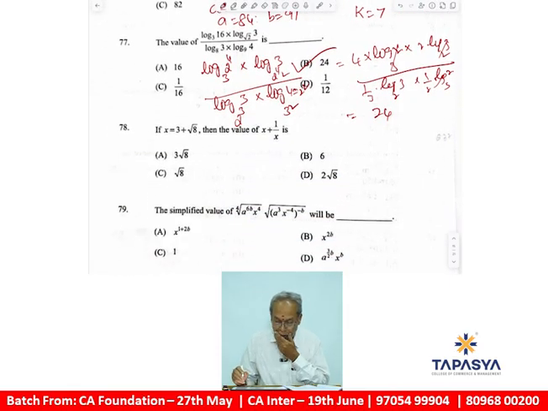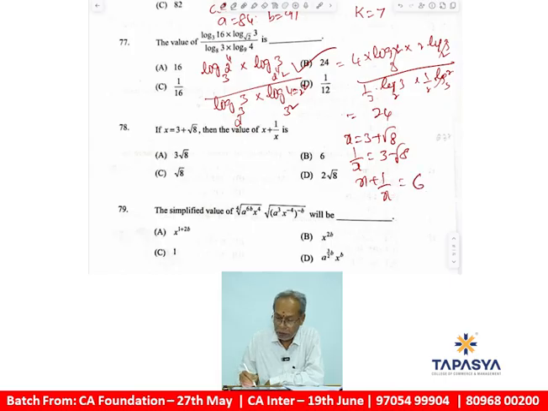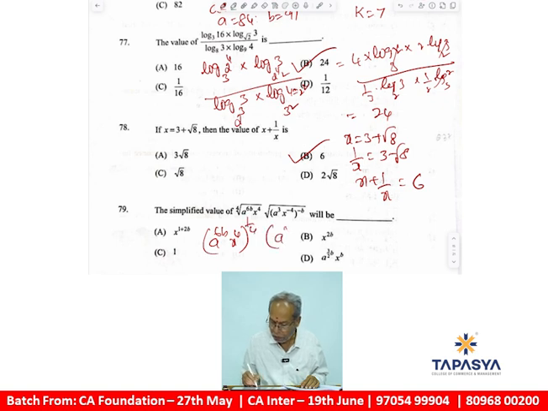Now, x equal to 3 plus root 8, find x plus 1 by x. So he is asking, if x is equal to 3 plus root 8, 1 by x will be 3 minus root 8. So x plus 1 by x is equal to 6. Is it clear? This also simplifies: a to the power of 6b, x to the power of 4, whole to the power of 1 by 4, into a cube, x power minus 4b, whole to the power of 1 by 2.